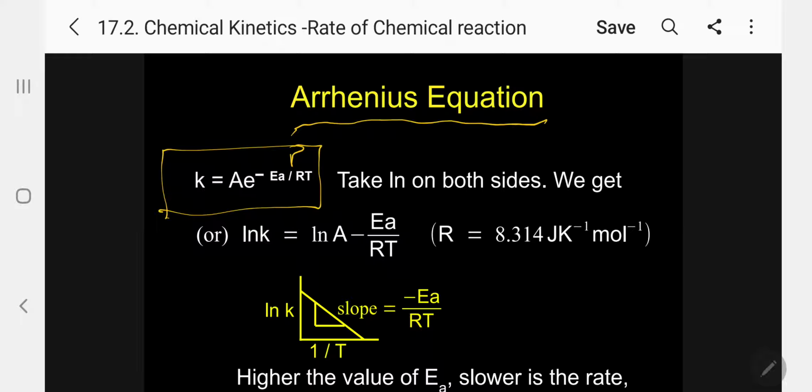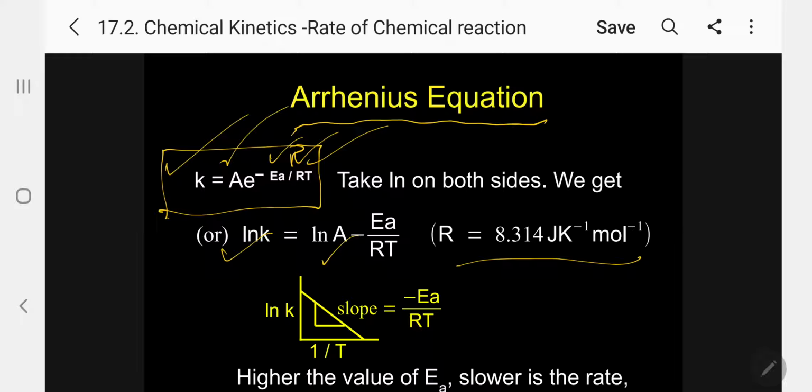Here A is the Arrhenius factor, Ea is the energy of activation, R is the gas constant, T is temperature, k is the rate constant. Take ln on both sides. We get ln k equals ln A minus Ea by RT.